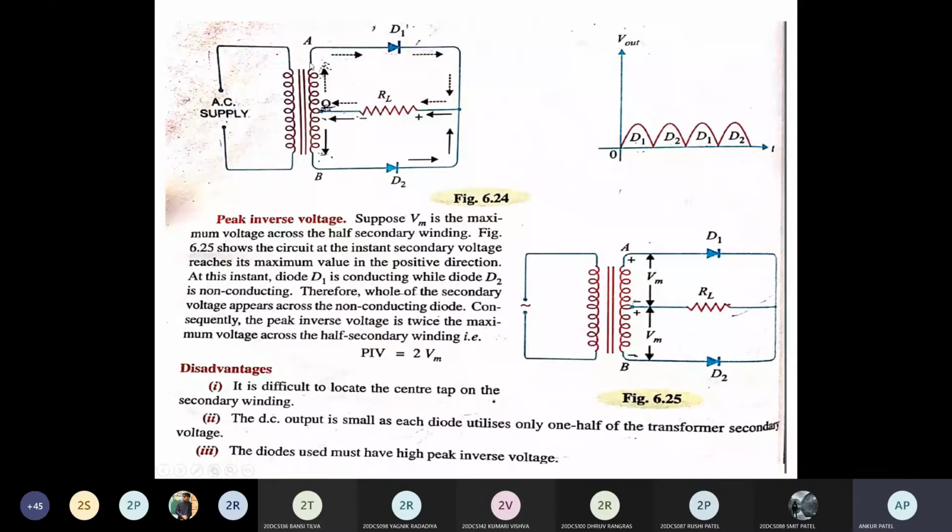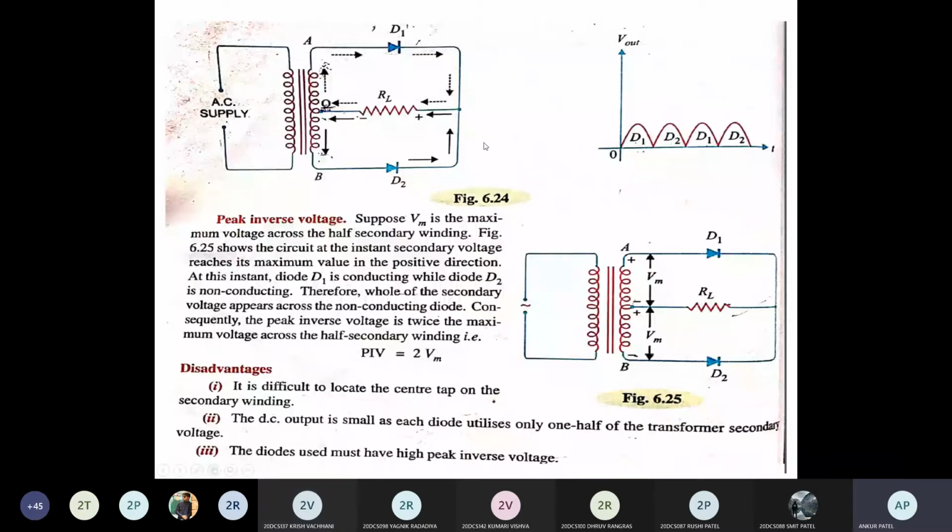During positive and negative cycle of this sinusoidal wave, this A and B point will behave as positive and negative terminal. So can anyone tell me how D1 and D2 will work? Whenever we consider any terminal as positive and negative, for example, in an instant, suppose we are giving this sinusoidal supply.